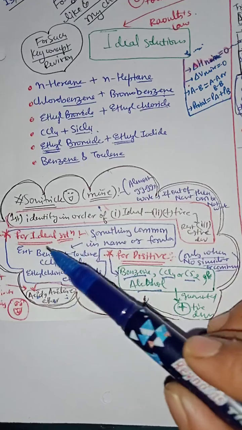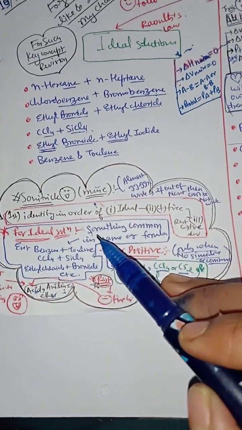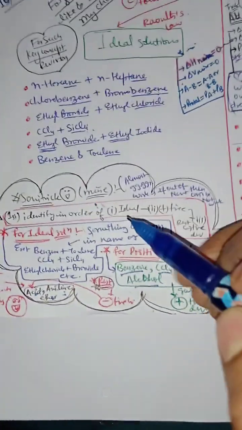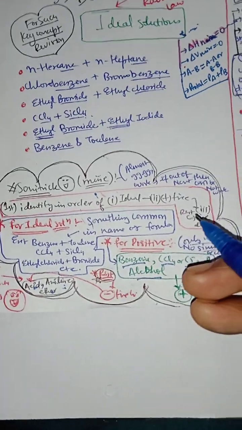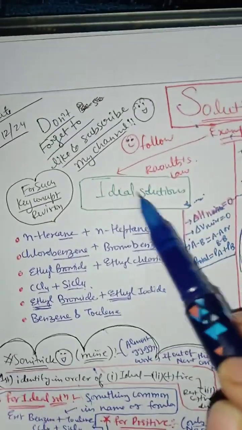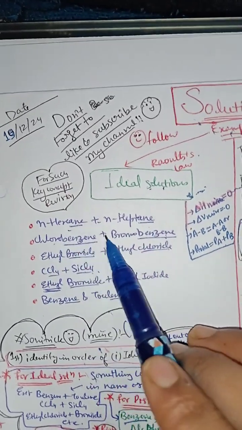To know that it is an ideal solution, when you see the examples, you see some similarity in it, something common in the name or in the formula. For example, here are the ideal solution examples: n-hexane plus n-heptane, chlorobenzene plus bromobenzene.